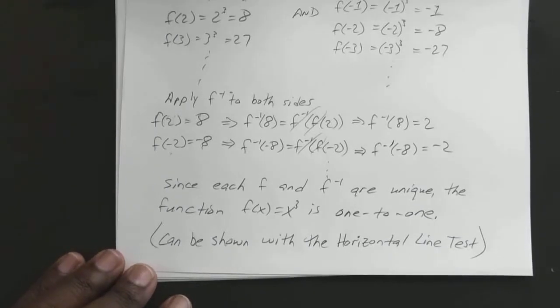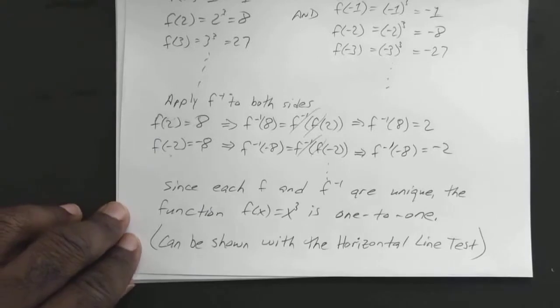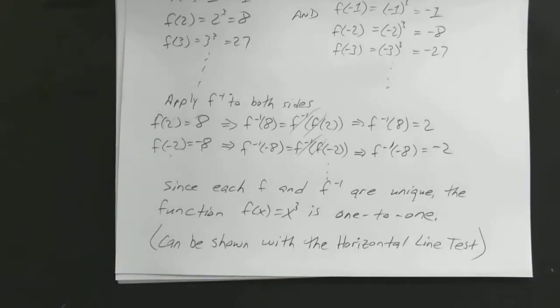Okay. Remember, the vertical line test only shows if it's a function. The horizontal line test shows whether or not it's 1 to 1. All right. So any questions on that one? All right. Nobody's still writing.